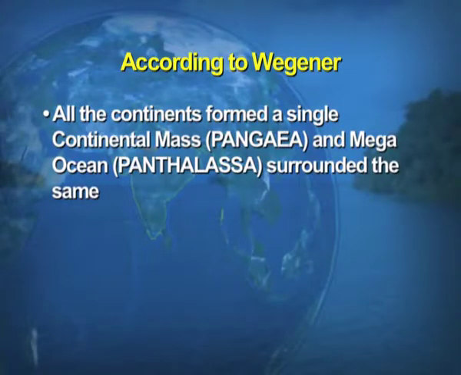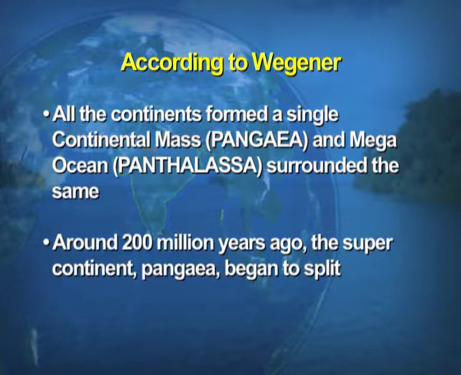According to Wegener, all the continents formed a single continental landmass known as Pangaea, and this was surrounded by a mega ocean we call Panthalassa. Around 200 million years ago, the supercontinent Pangaea began to split.